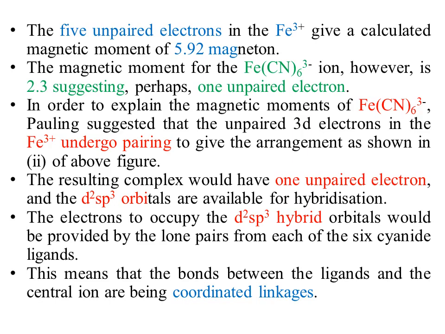The resulting complex would have one unpaired electron, and the mode of hybridization will be d2sp3, that is inner orbital complex. The electrons to occupy the d2sp3 hybrid orbitals would be provided by the lone pair from each of the 6 cyanide ligands. This means that the bond between ligand and central metal ion are coordinate covalent in their linkage.